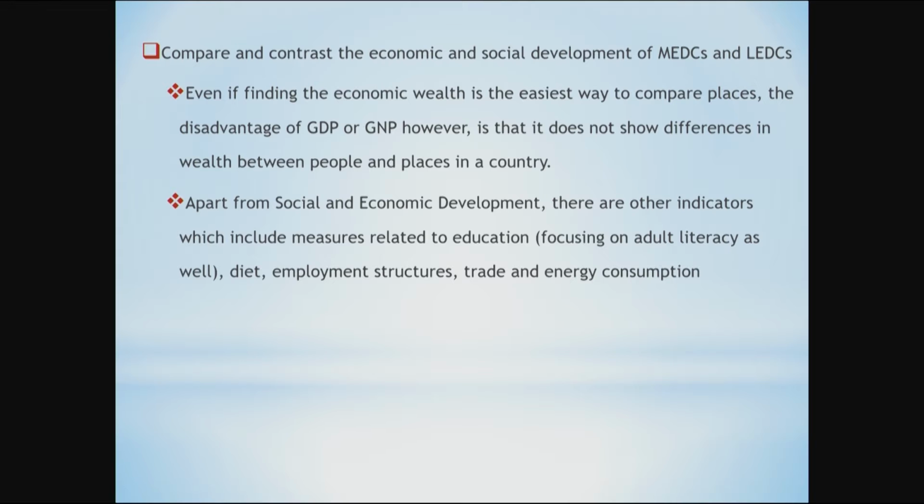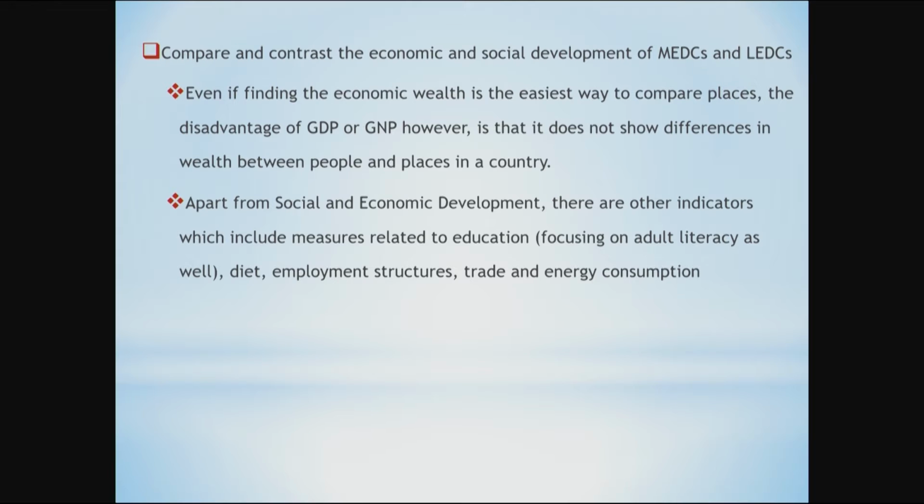Okay, so last lesson we compared and contrasted the economic and social development of MEDCs and LEDCs. By doing the comparison, we also found out that even if finding the economic wealth is the easiest way to compare places, the disadvantage of GDP or GNP, however, is that it does not show differences in wealth between people and places in a country.